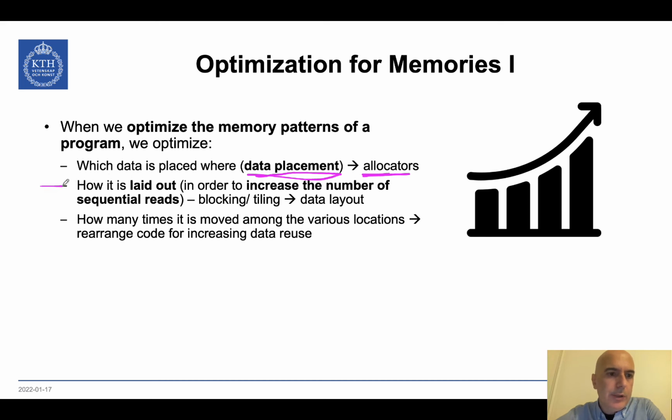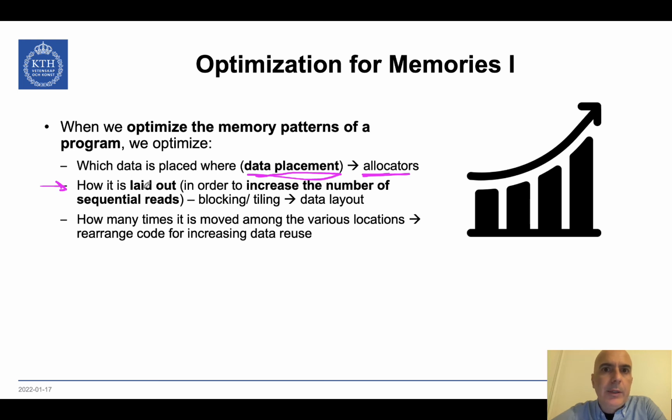A second consideration when optimizing for memory is how the data is laid out. We want to increase large sequential reads because those have high performance. And how can we do that? Well, we can reorganize the data layout of our data.